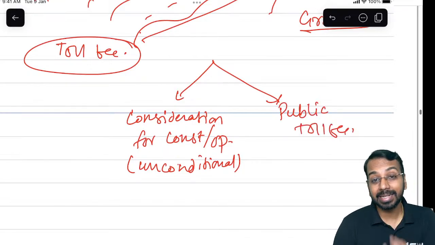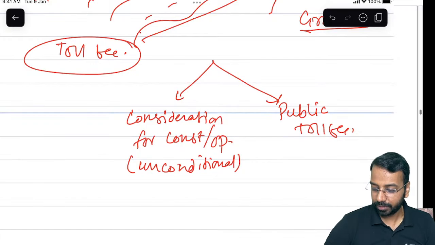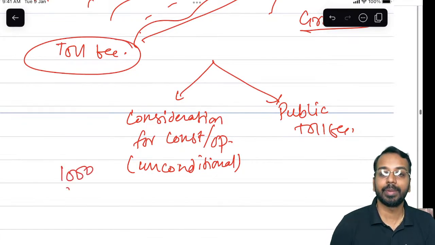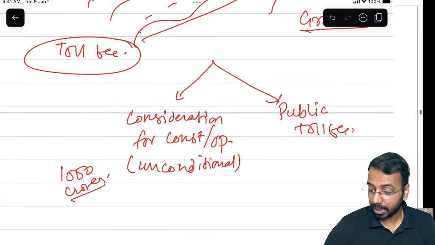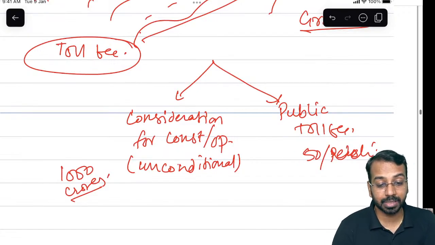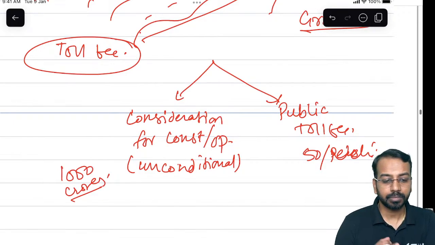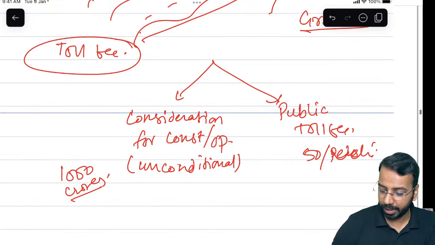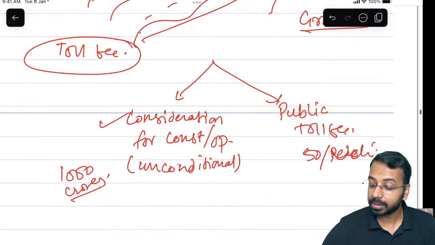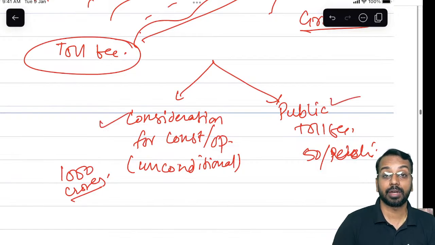One, I will receive, for example, the government says we will pay you 1,000 crores. Then you charge 50 rupees per person or per vehicle, for example, from the public. So this is a typical service concession arrangement, where there is a consideration which can be a lump sum, and there is a toll fee that you collect from the public.